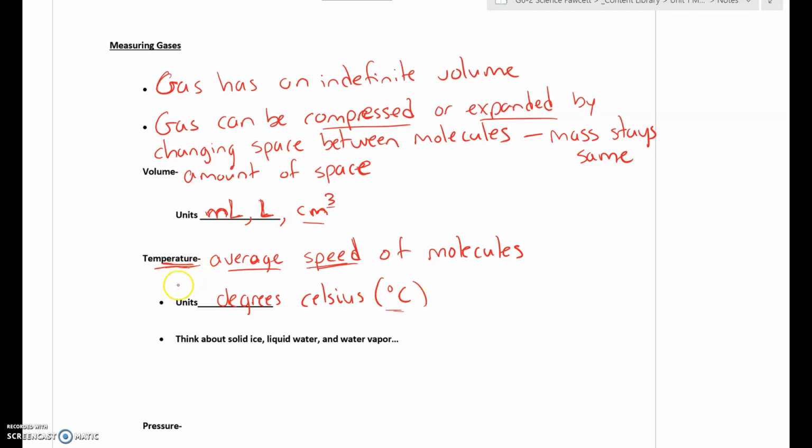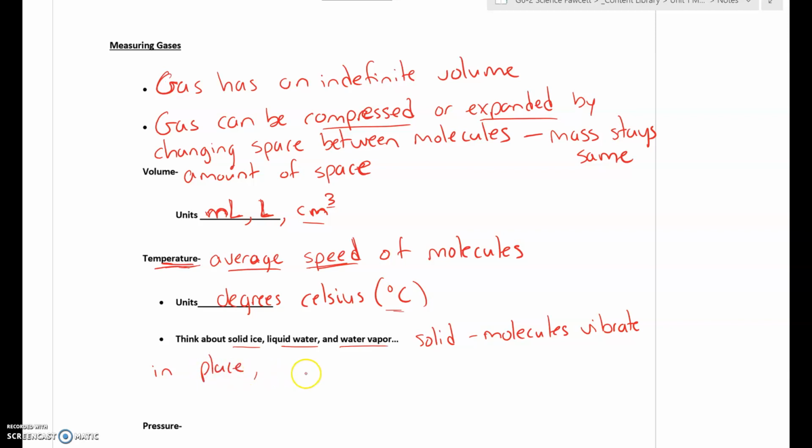And the way we can think about temperature as it relates to matter, we can think about our example of a solid, a liquid, and a gas, using water as an example. So if we have solid ice, liquid water, and water vapor, in the solid, the molecules are stuck in place, so they are not moving, they are only vibrating. And then when we add enough energy, those can break apart.